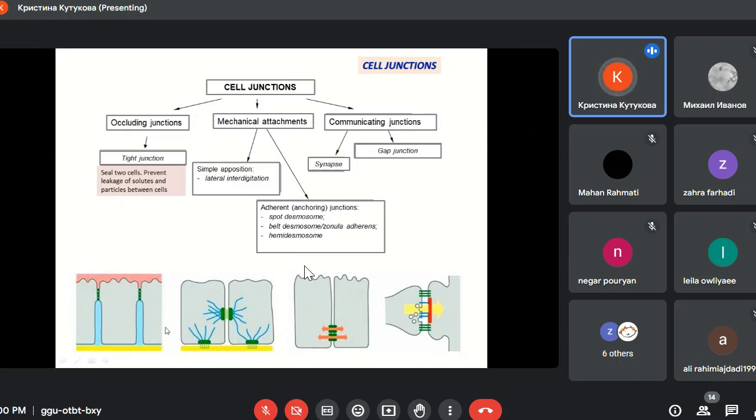So, as you remember, tissue consists of cells and extracellular matrix. The basement membrane is a component of extracellular matrix produced by the cells, and it has a very specific structure.